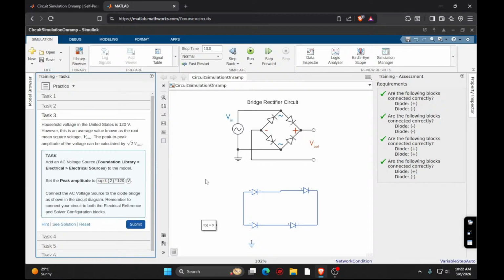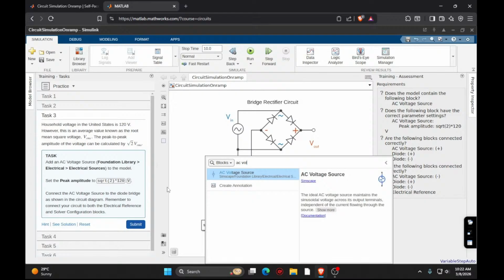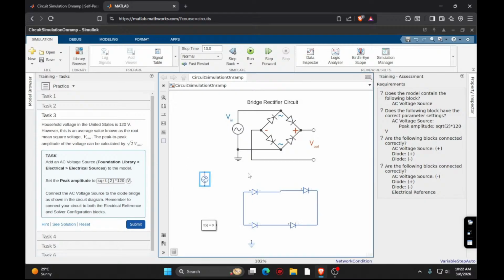Add an AC voltage supply. AC voltage source. The positive part is connected to this side, and the negative part is connected to this side. Okay.